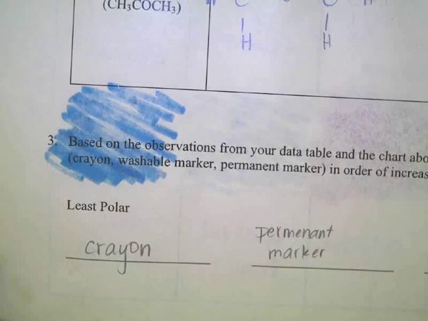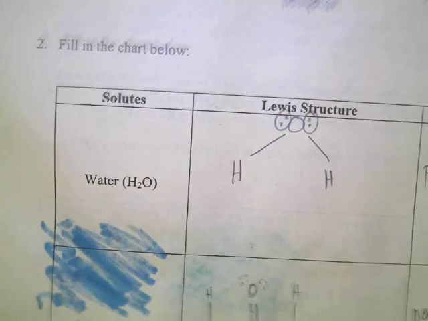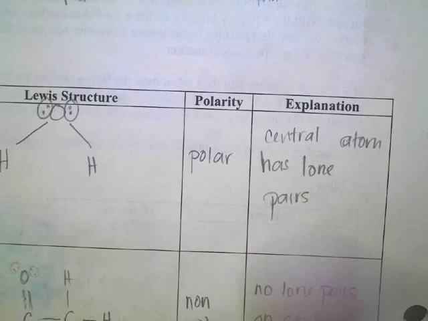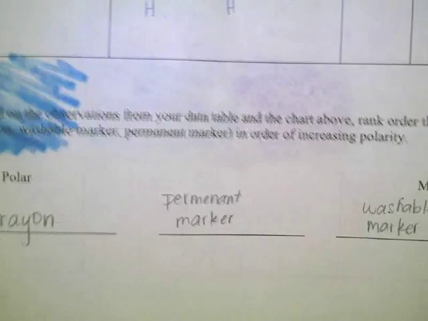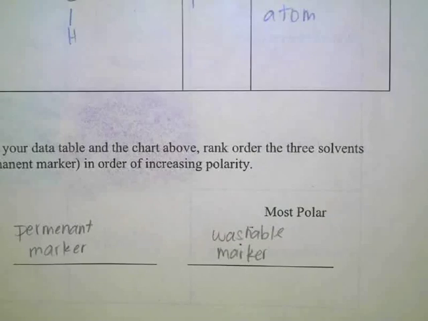So because like dissolves like, the crayon must be nonpolar as well. Because the water, which is the polar substance, dissolved in the washable marker, and because like dissolves like, the washable marker must have been the most polar.